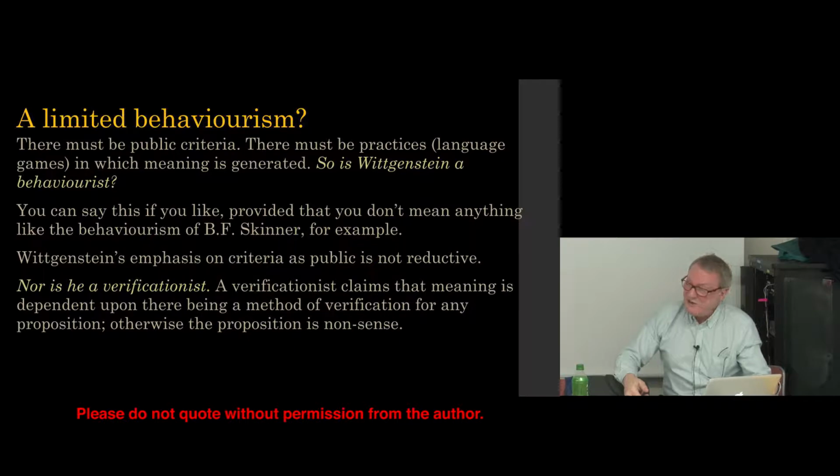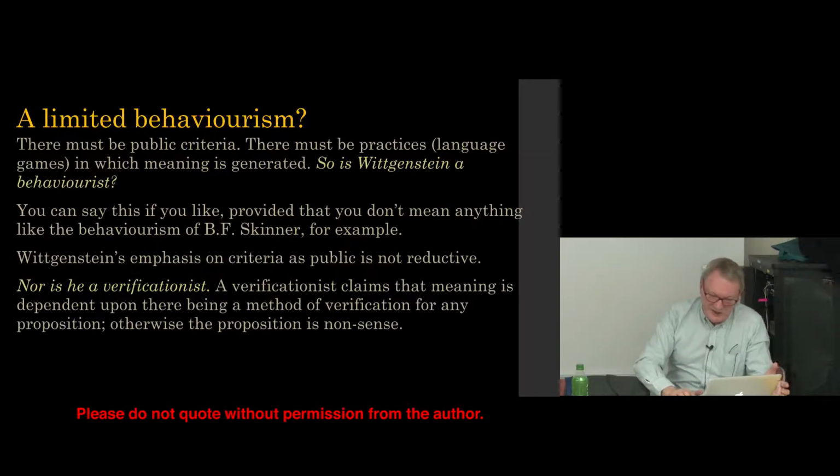So on this crazy verificationist view, statements like it's a beautiful day today, or you're a very conscientious student, have no verification, so they are nonsense. Very extreme view, developed in the 1920s and 30s. So this isn't Wittgenstein. I'm just trying to show you what he's not saying.